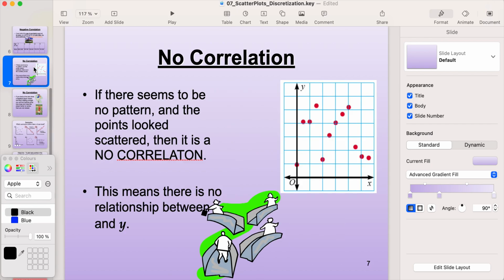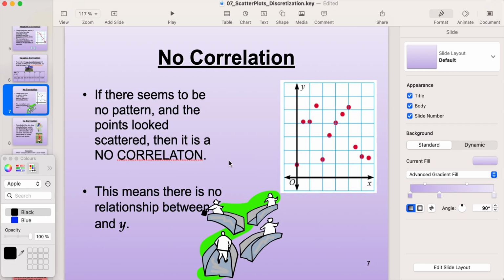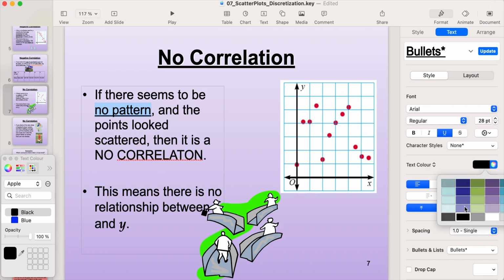And then we have another example where we have no correlation. This means the values of the x-coordinate are not affecting the values of the y-coordinate. There seems to be no pattern onto this visualization as to where the points are moving into some particular direction.